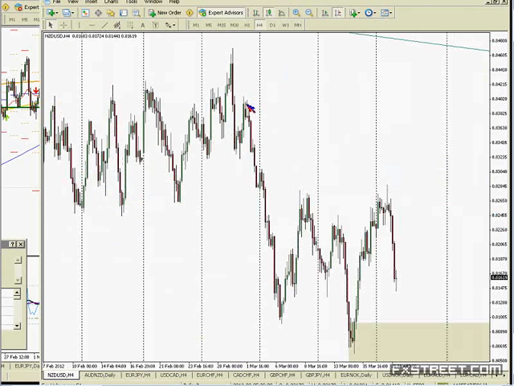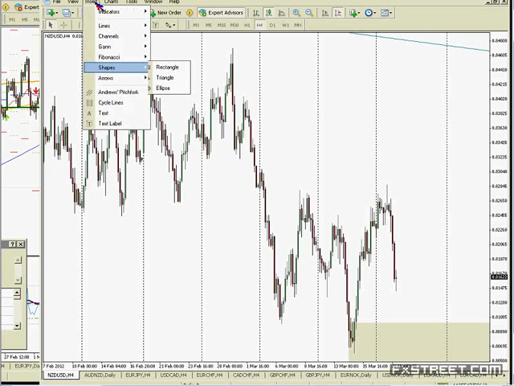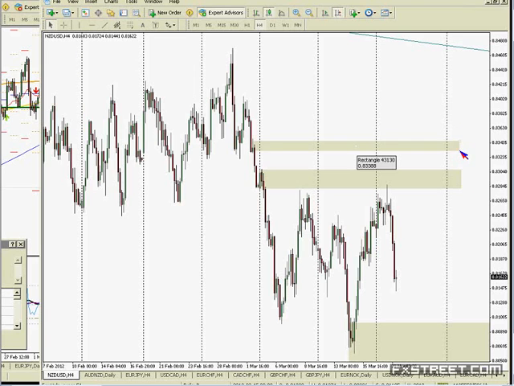We have this dominant downtrend here, and during this dominant downtrend, I see some brief pauses where price took some time to recover and move forward.